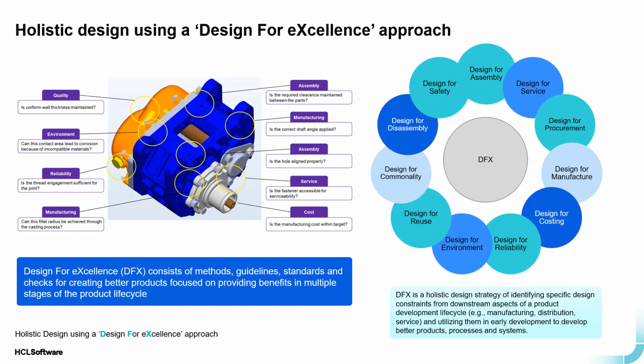Product design is getting more and more complex. Electronics, software, and mechanical components are interacting like never before. A design engineer not only has to address functional aspects of a design, but also address various other downstream requirements. Design engineers need to take a holistic approach to design and consider multiple perspectives for every design decision and every feature added to the design.